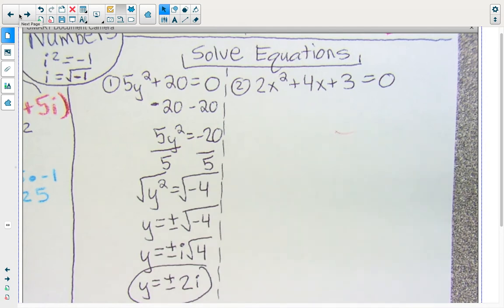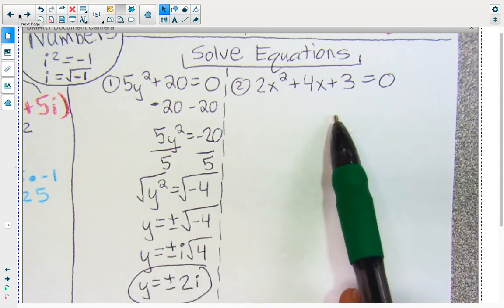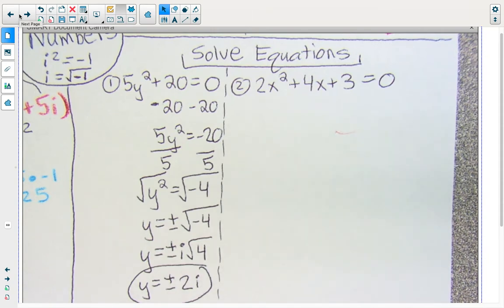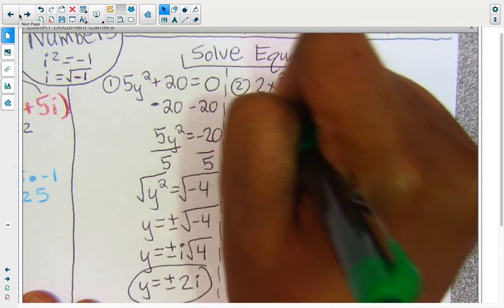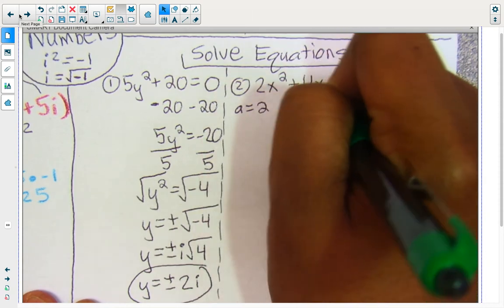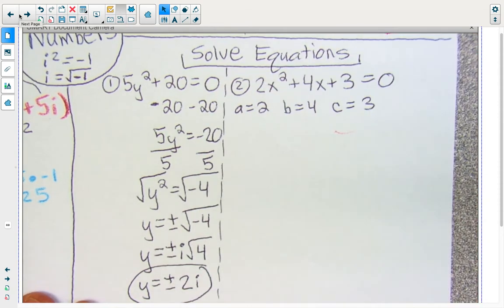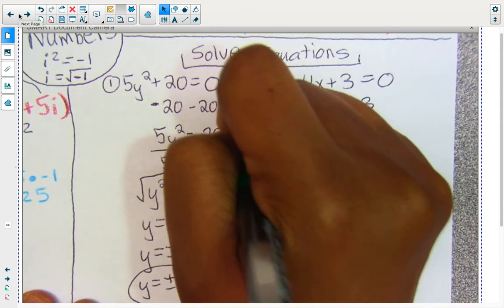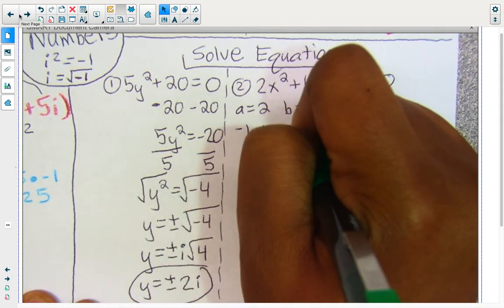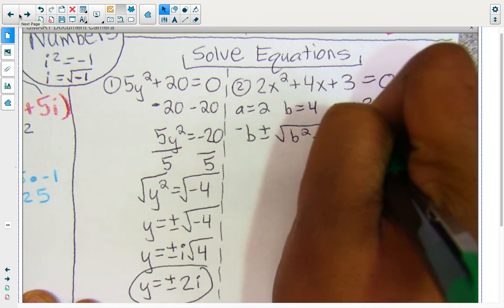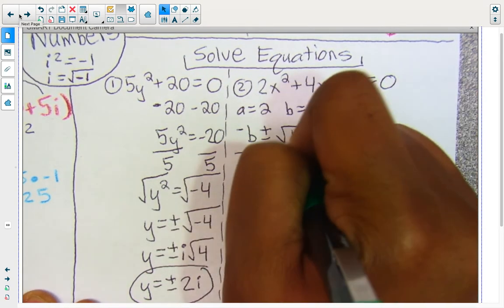Since we just took a look at quadratic formula, I'm going to use this time to do quadratic formula with this one to kind of refresh our memory. So A is 2, B is 4, C is 3. Okay. Quadratic formula: negative b plus or minus square root of b squared minus 4ac, all over 2a.